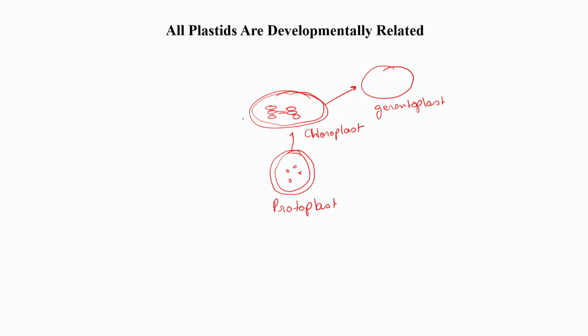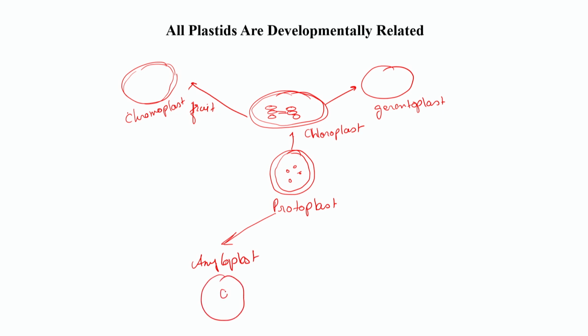In fruit, the chloroplast will be developed into chromoplast. This chromoplast will not have a laminar structure and basically it will have the pigments accumulated in the matrix. Then proplastid could also be converted into leucoplast. Then you can have an amyloplast, in which you can have large storage granules.